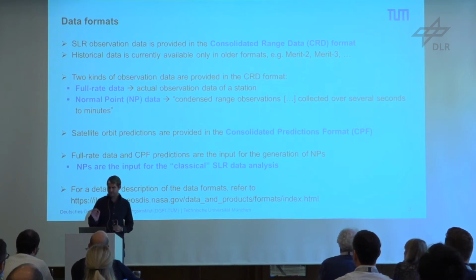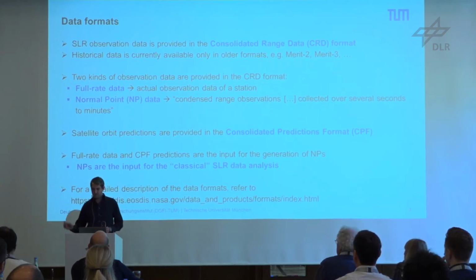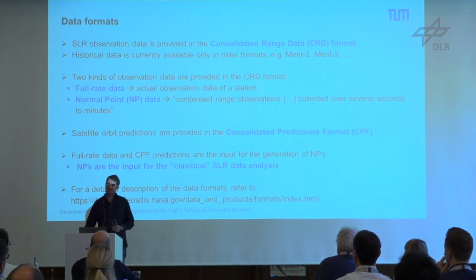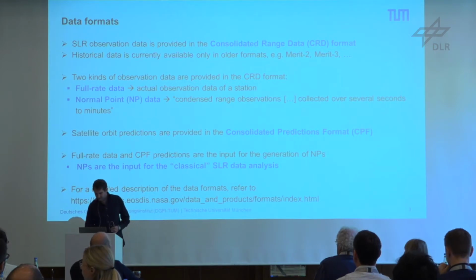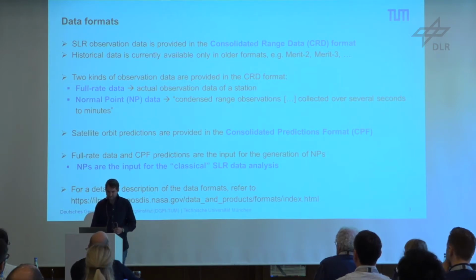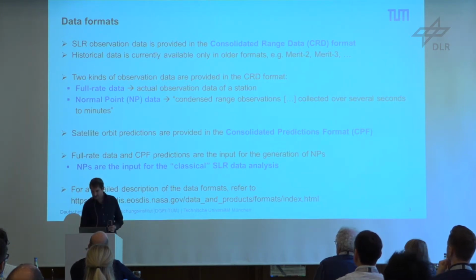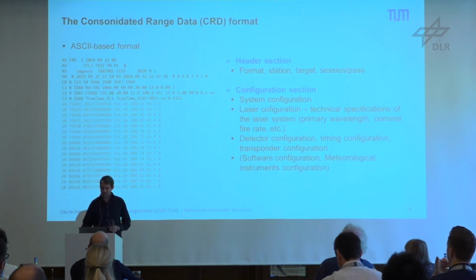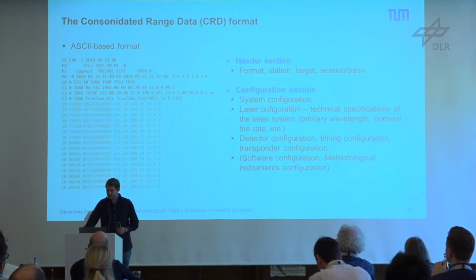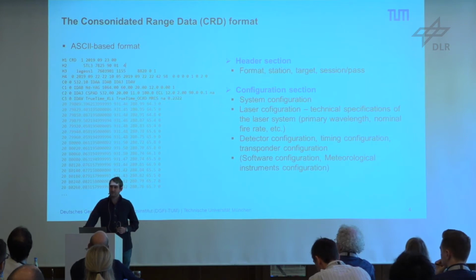So full rate data and the orbit predictions in the CPF format are the input for the generation of normal points, which are then the input for data processing at the analysis centers. A detailed description of the data formats can be found on the ILRS webpage, but I am now going to give a short insight into the CRD format, the format of the observations.